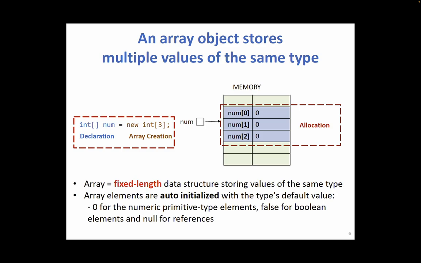So basically, it is filled with its default values. If it was a Boolean array, the default values will be false. If it was an object array, like a student array, then all the elements will have the null value. Or if it's a string array, then also the values will be null. So basically, it's filled with their default values.